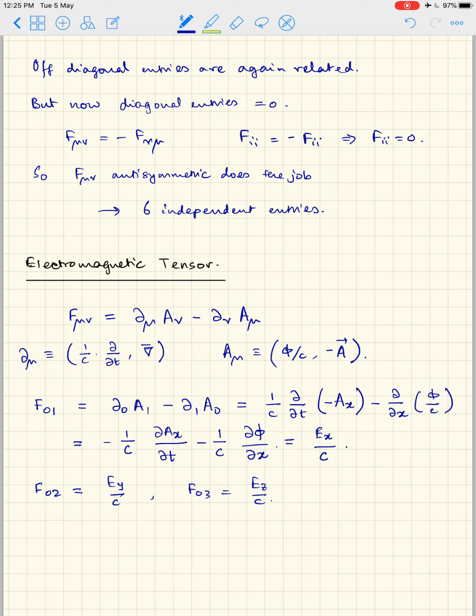Now the other interesting thing is going to be F12. So let's try and work this out as well. So this one is what? This one is del 1 A2 minus del 2 A1. So del 1 is del x, A2 is minus Ay, minus del y of minus Ax.